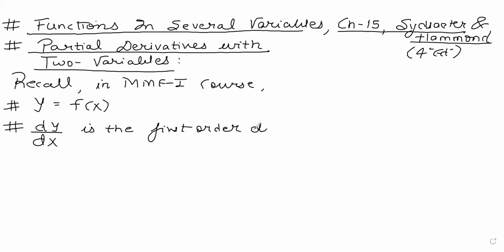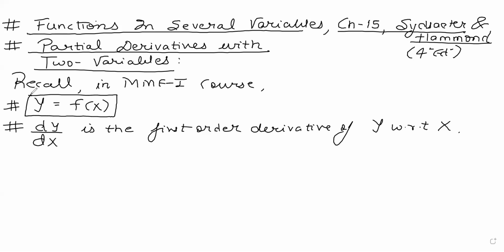Dy by dx is defined as the first order derivative of the variable y with respect to the variable x. This was what we had done in the Part 1 course when we had done single variable optimization. Okay, now what changes in this particular topic?